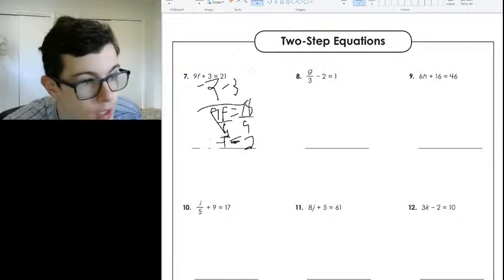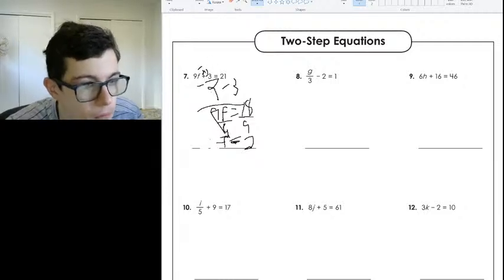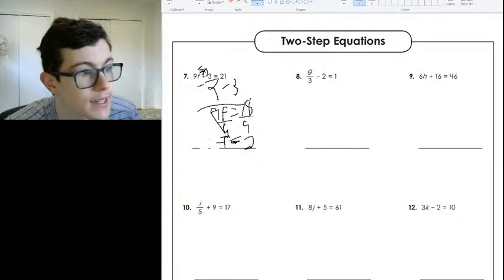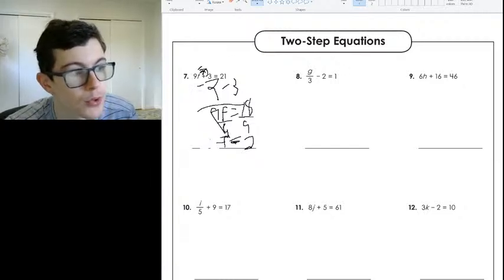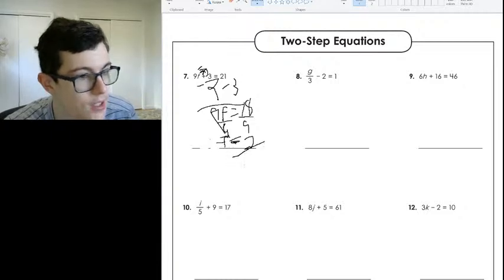Now if we do the check for the equation, we know that 9 times 2 is 18, plus 3 equals 21. So 18 plus 3 is 21. That looks good to me. I say the answer is correct.